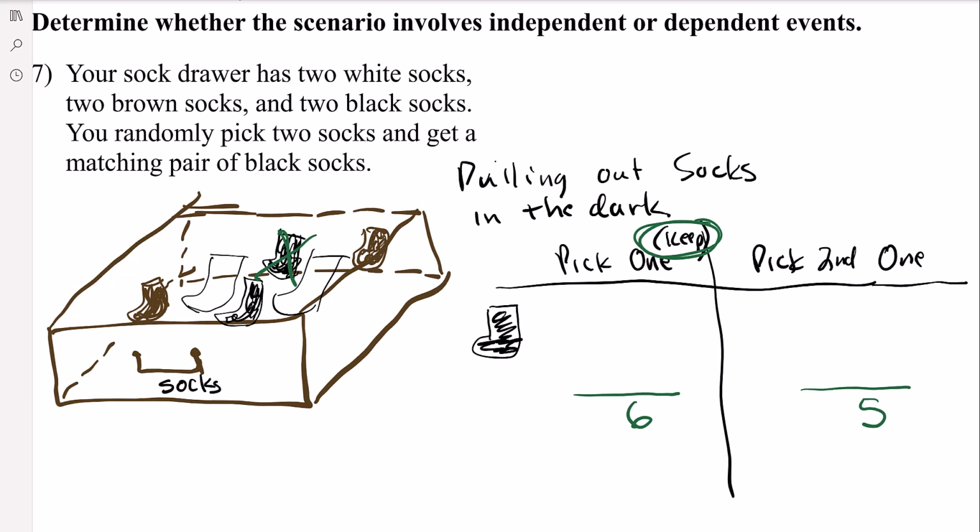Drawing a black sock and keeping it changed the probability. So this is dependent probability. Dependent. All right. And it started off with 2 blacks, and when we pulled out a black sock the second time, there was only 1 black.